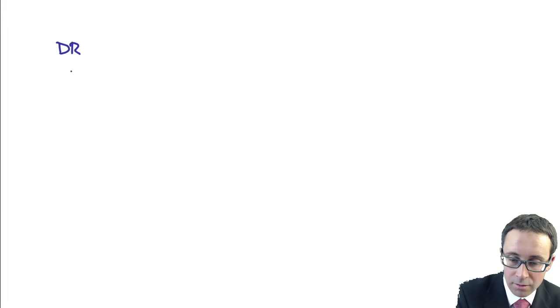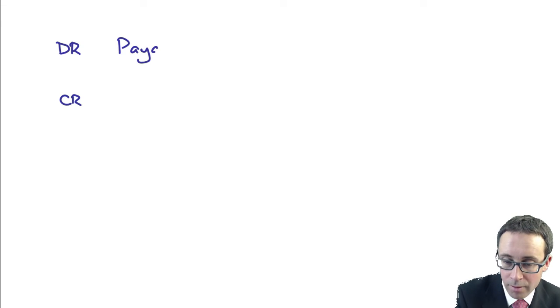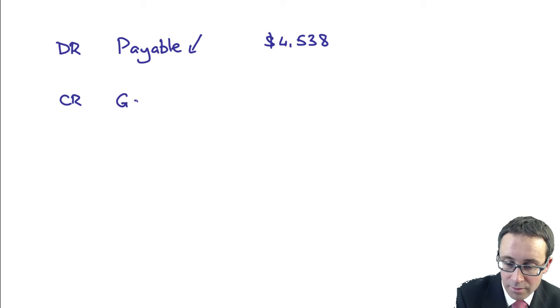However, how do we go through there and record it using journal entries? Well, I need to debit my payable, don't we, as we are reducing the payable with 4538. And I credit, well, it's a gain, isn't it?